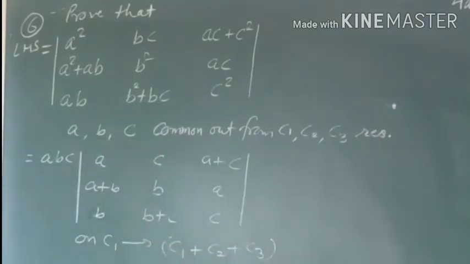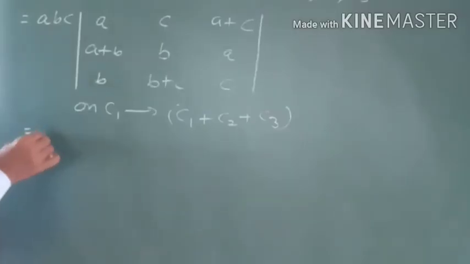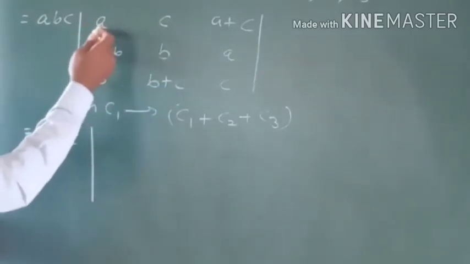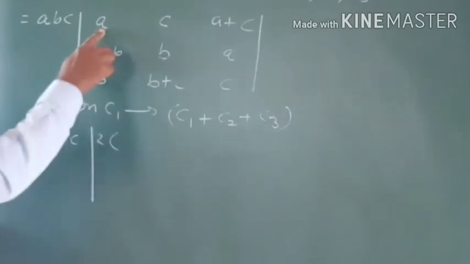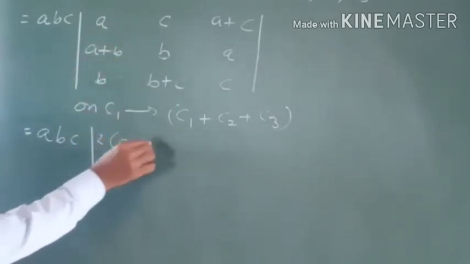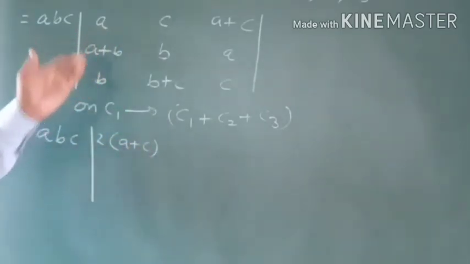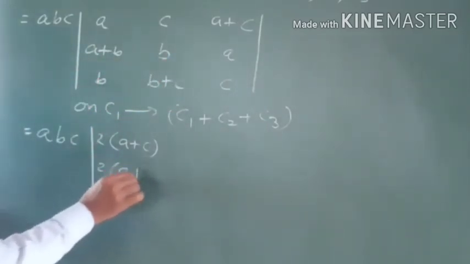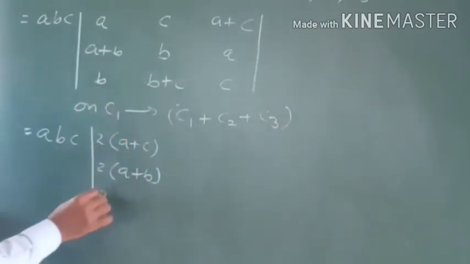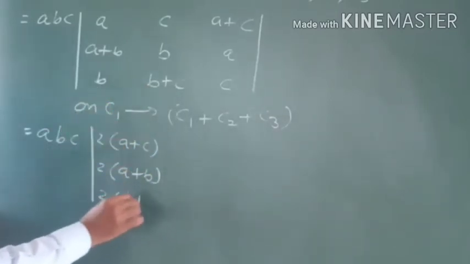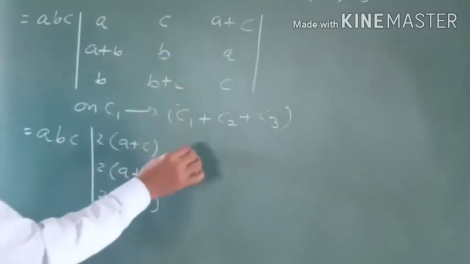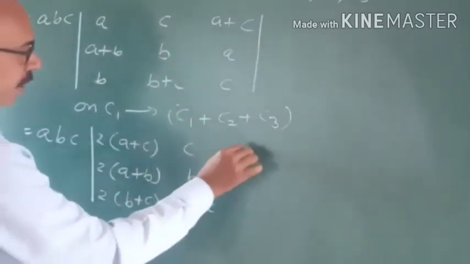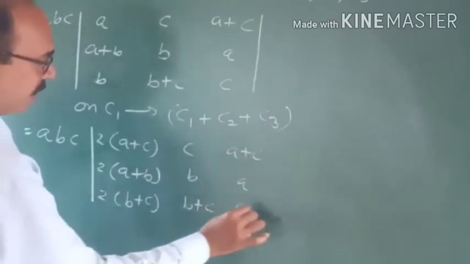So a, b, c still as it is, and C1 plus C2 plus C3 will be 2 times, 2 is common, so a plus c, 2a plus 2c. Here 2a plus 2b, 2 is common, so 2 times a plus b. And here 2 times b plus c, then c, b, b plus c, a plus c, a and c as it is.